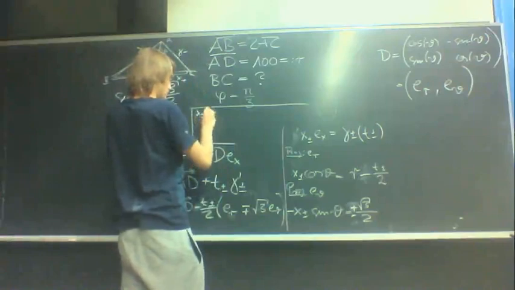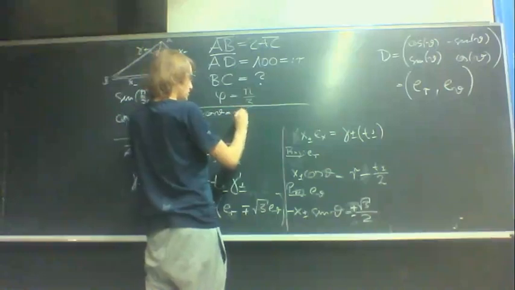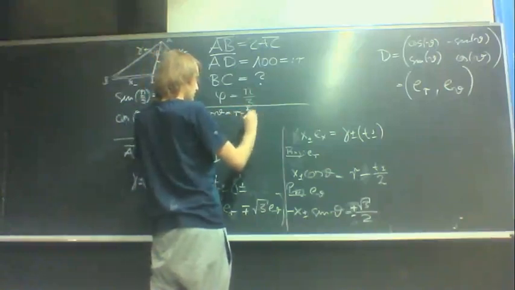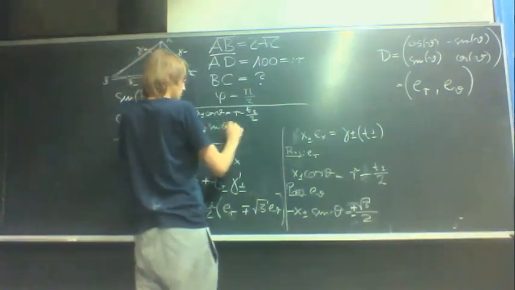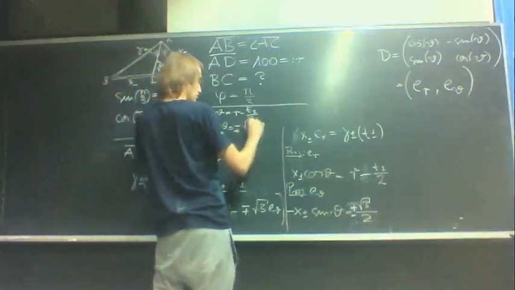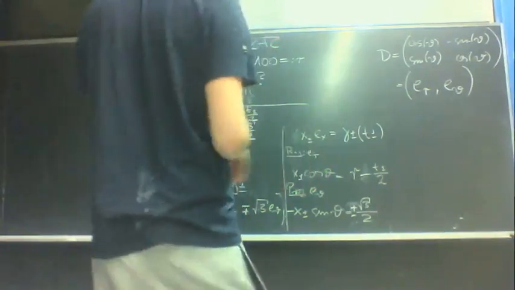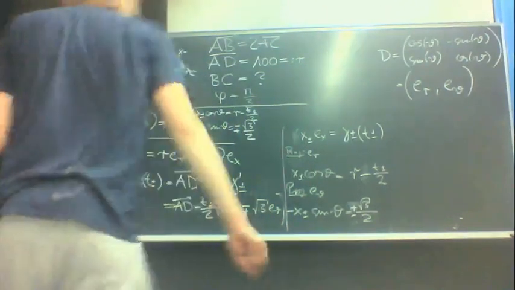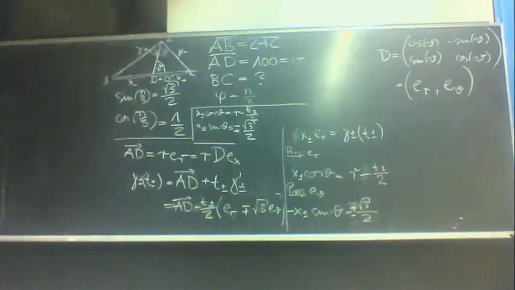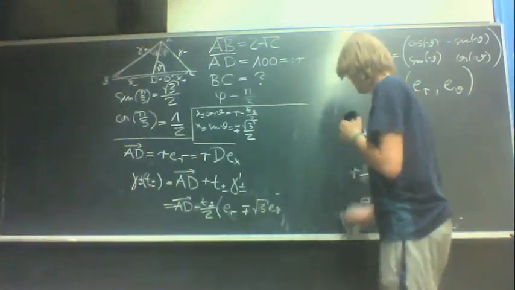X plus minus cosine theta is equal to R minus T plus minus over 2, and X plus minus sine theta is equal to minus plus square root of 3 over 2. Okay. Alright. Still recording? Yeah. Okay, I can erase this.